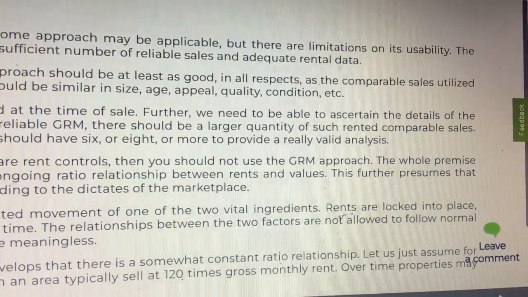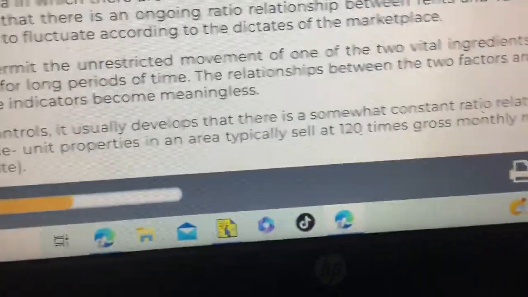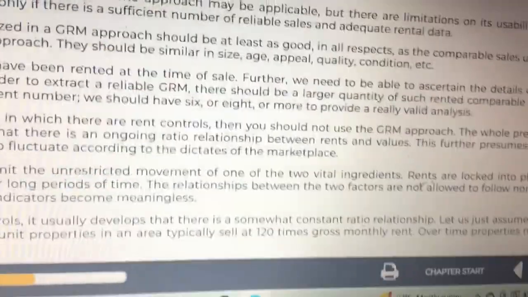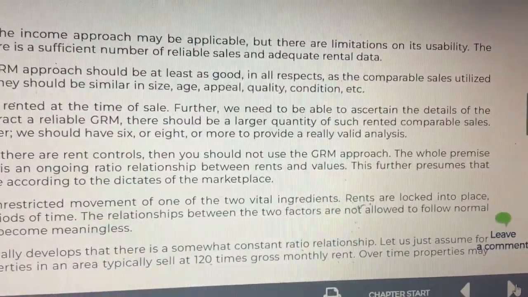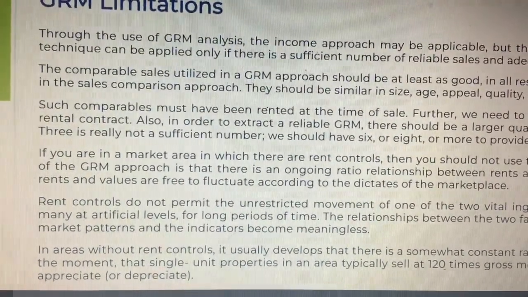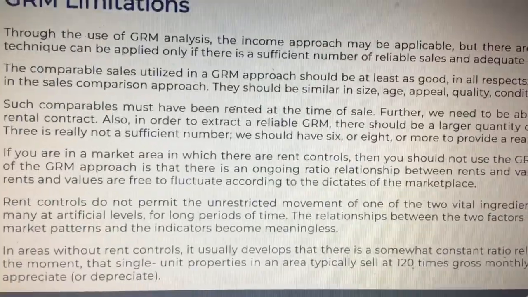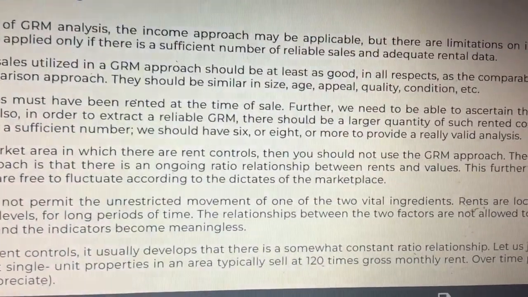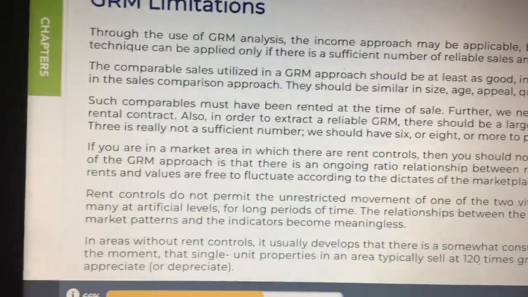This further presumes that rents and values are free to fluctuate according to the dictates of the marketplace.